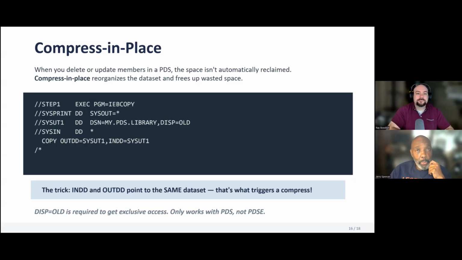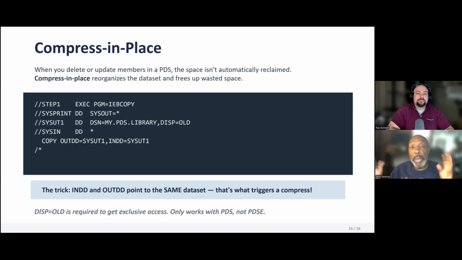One of the rules a long time ago, it had to be disp equals old. Because if you tried to compress a data set and somebody had it allocated, it would really mess things up. So you always had to say disp equals old, make sure nobody had it allocated. Now, over the course of time, IBM has improved the code, and you can specify disp equals share, and it will say, oh, okay, fine.